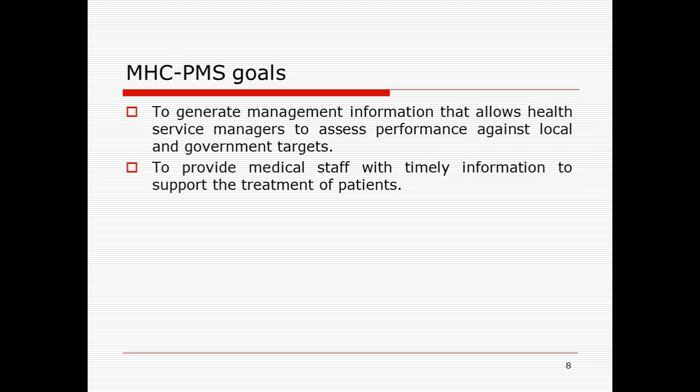Another is where individual patients are concerned, the way the system deals with individual patients. All the information regarding all different patients should be timely available to the healthcare professionals, so that they can look after them better. Okay, so these are the two broad requirements, two broad goals, for the mental health care patient management system.